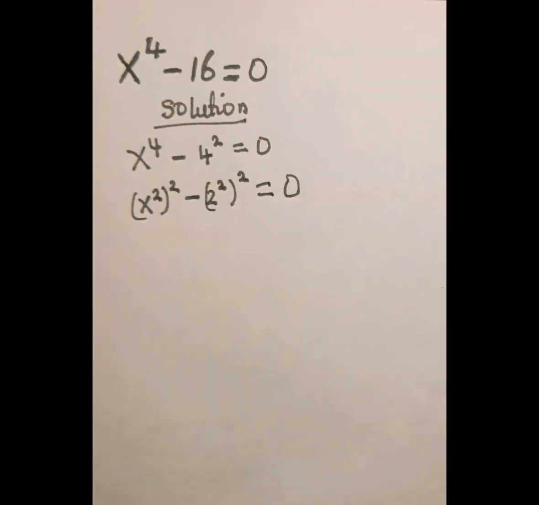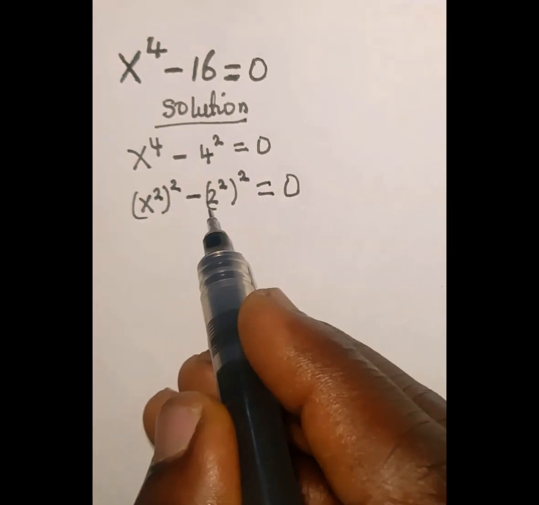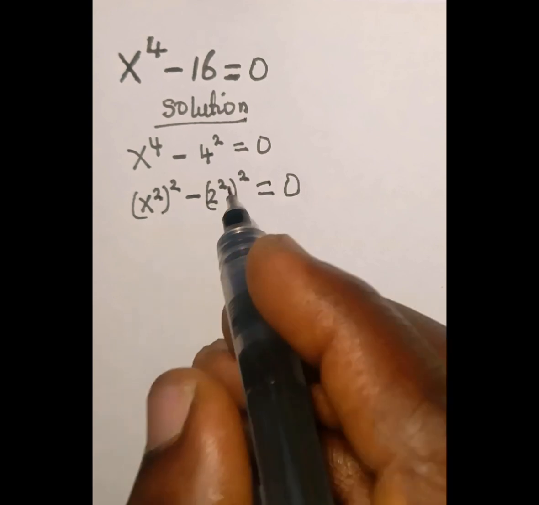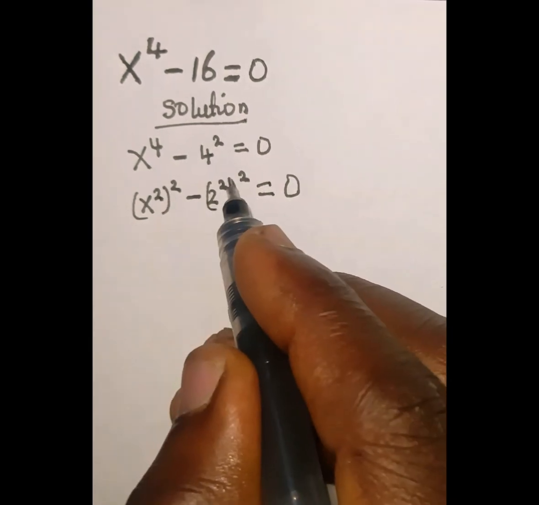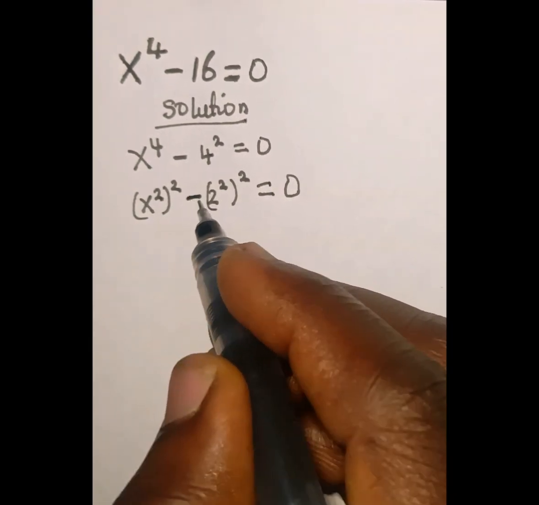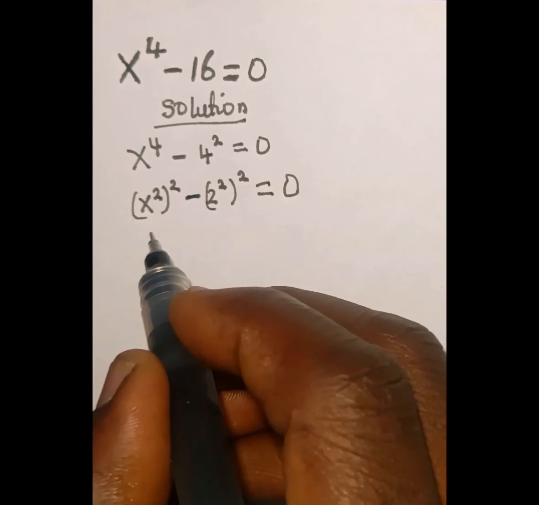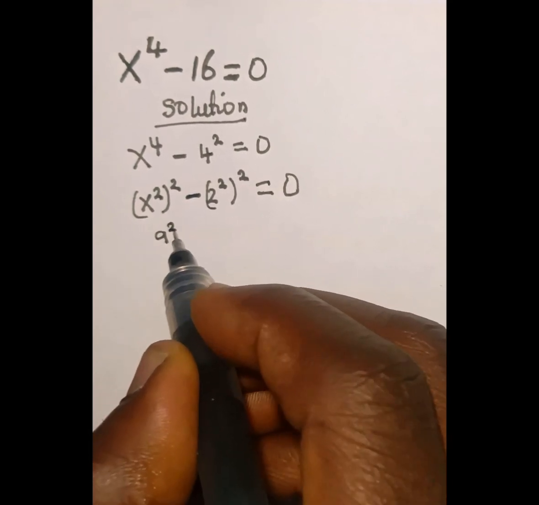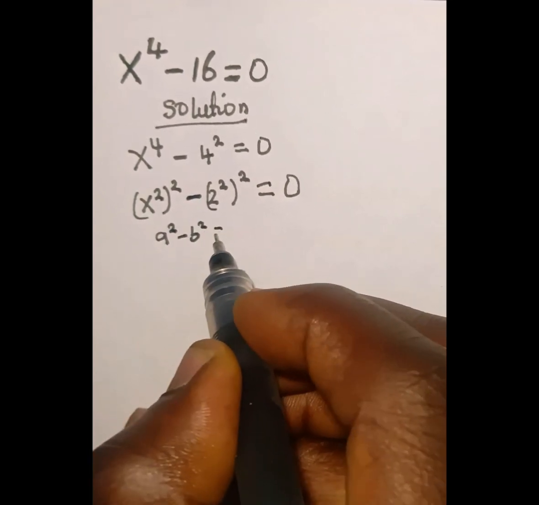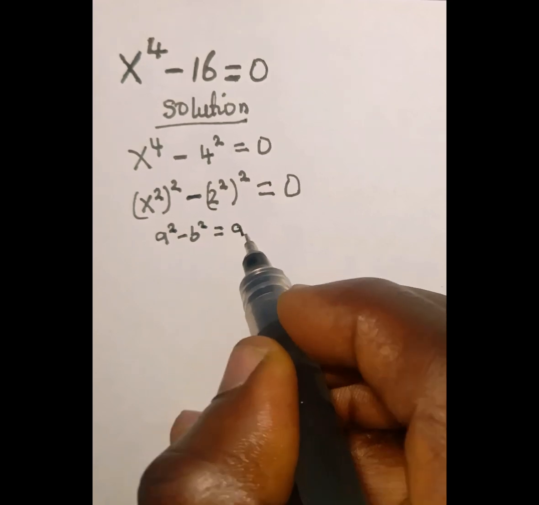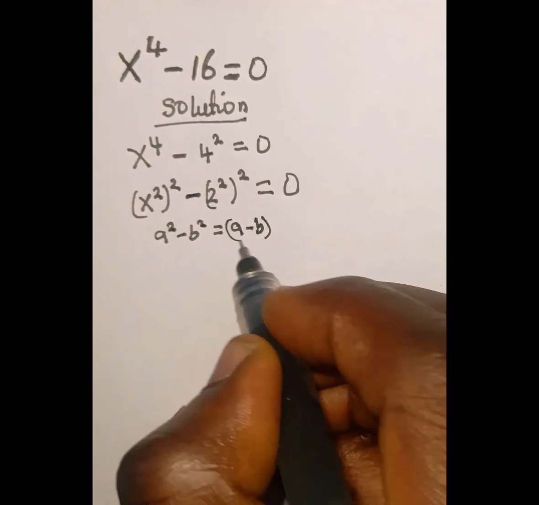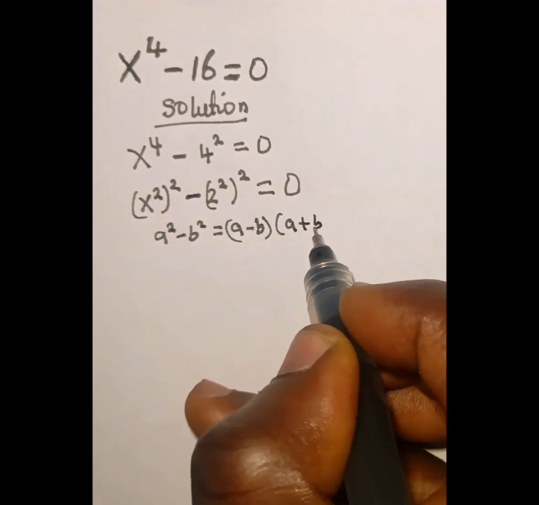The next thing we're going to do, as you can see, the expression on the left hand side is a difference of two squares, because we have 2 squared terms separated by subtraction. So we are going to recall that when we have a squared minus b squared, it can be simplified as a minus b, multiplied by a plus b.